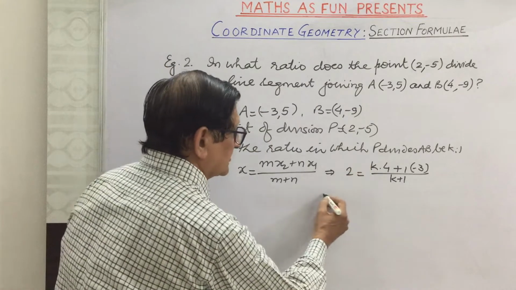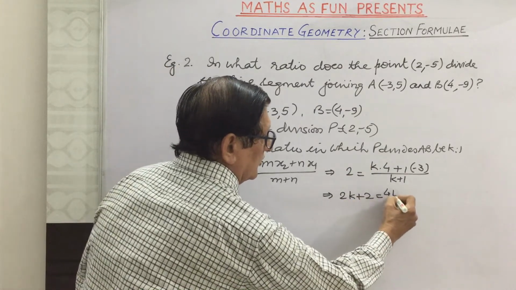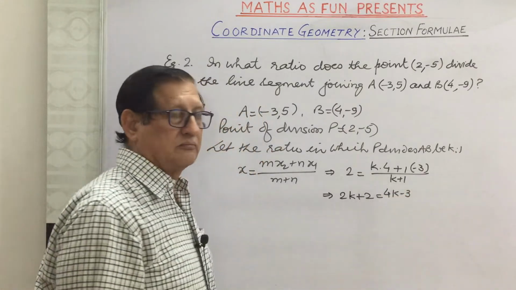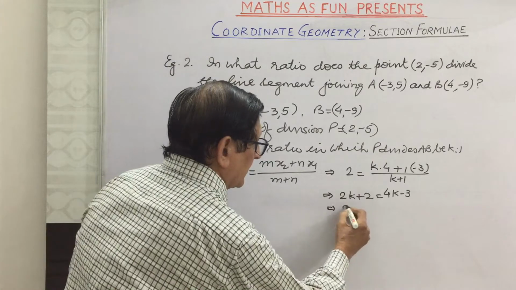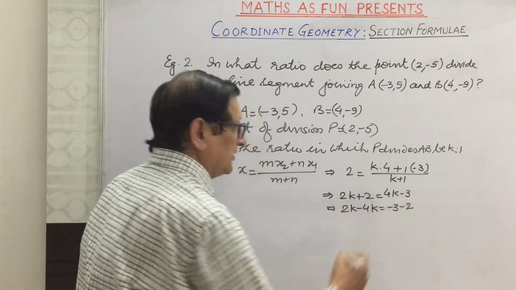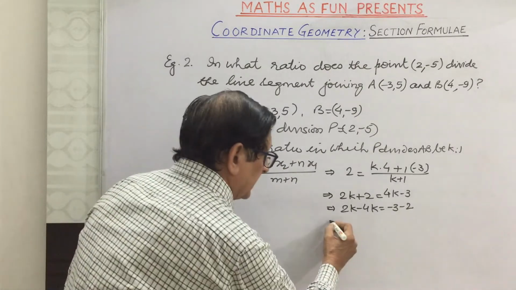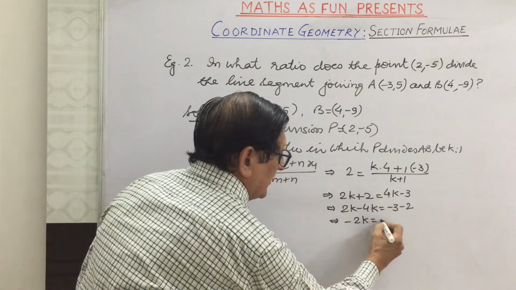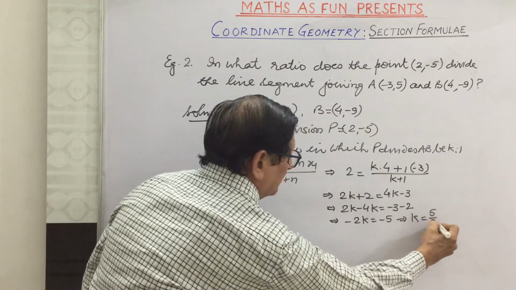Cross multiplying this, we get 2k plus 2 equal to 4k minus 3. Transposing, we get 2k minus 4k equal to -3 minus 2. That gives us -2k equal to -5, or we get k is equal to 5 upon 2.